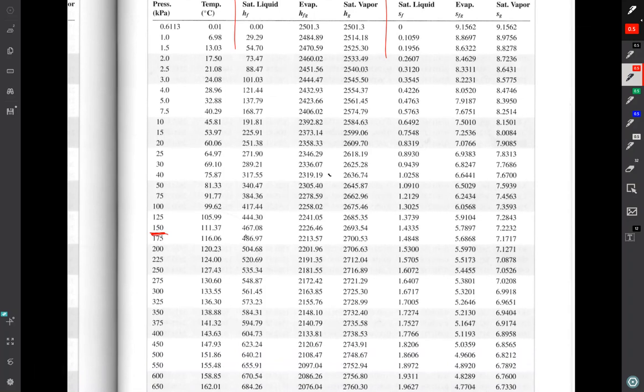So the enthalpy of a saturated liquid is 467. Our enthalpy is 2671, so we're higher than that, so we're not a compressed liquid. The enthalpy of a saturated vapor is 2693, right? So we are 2671.4.